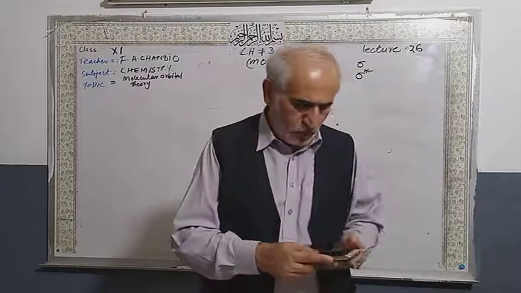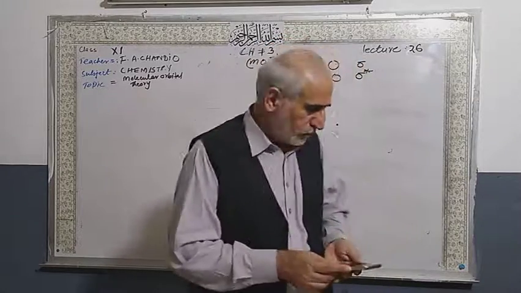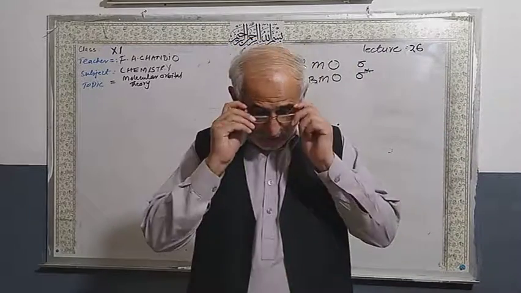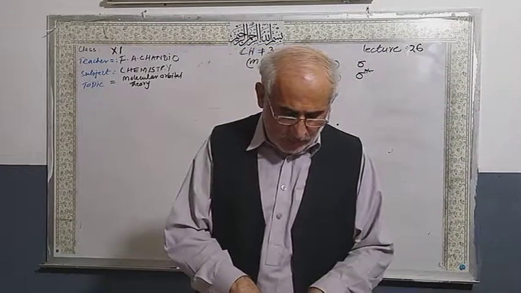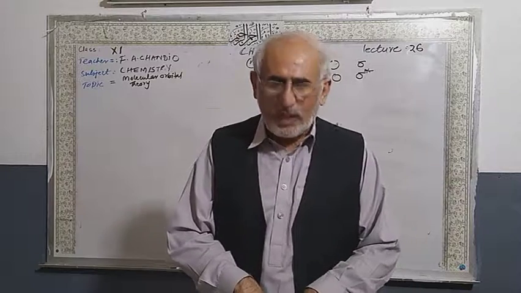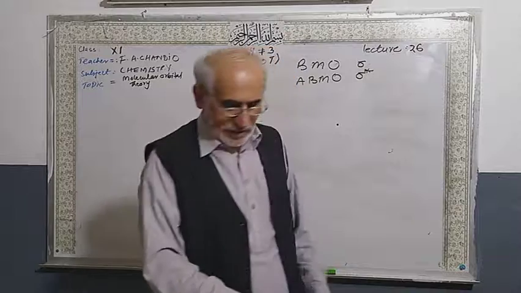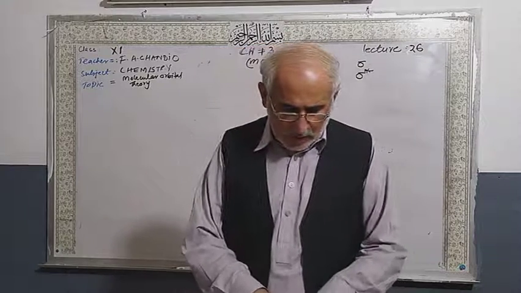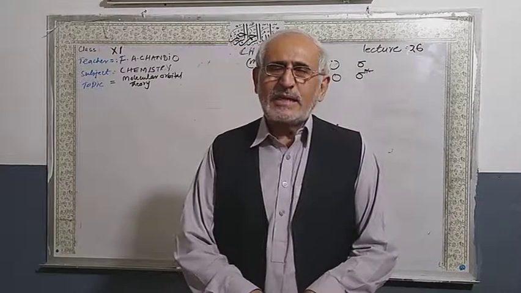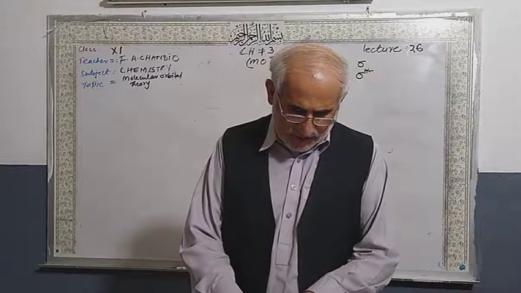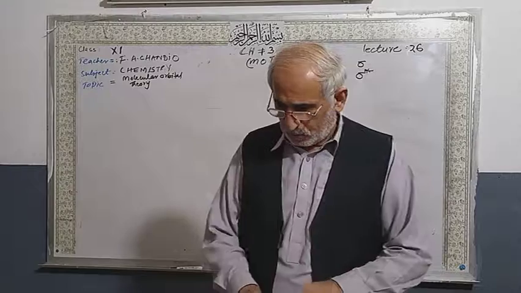You have to follow all these rules. Two electrons, one from each atom, fill the lower energy orbital, called the bonding molecular orbital, sigma bond or pi bond, and the other is slightly higher in energy, called sigma star and pi star.